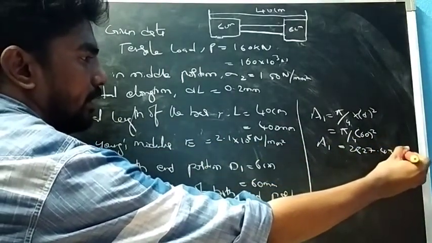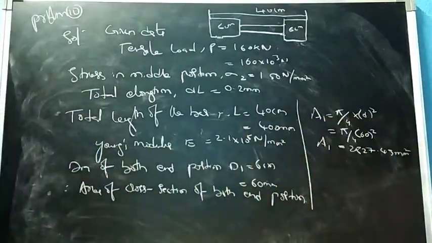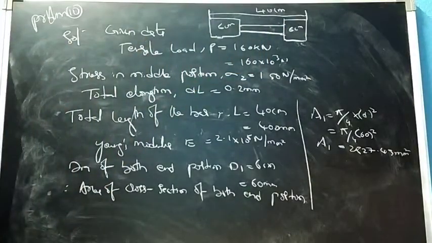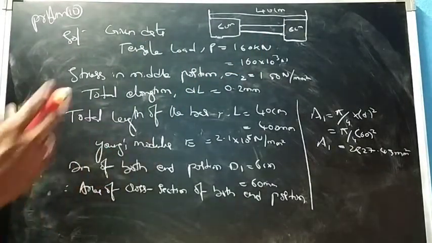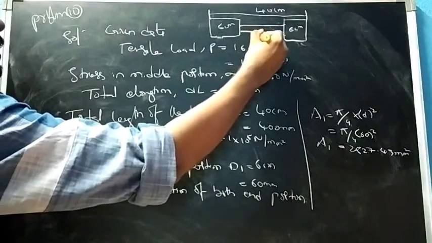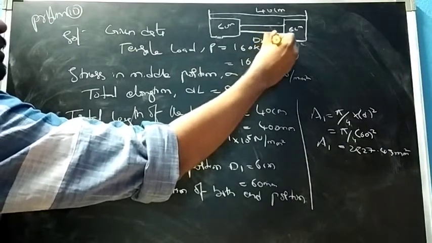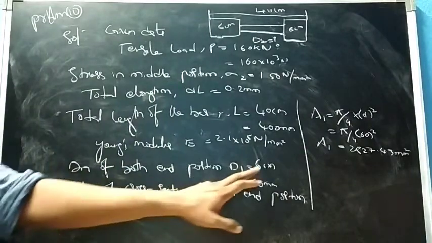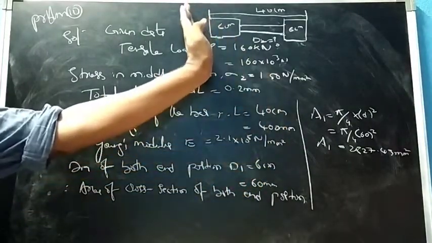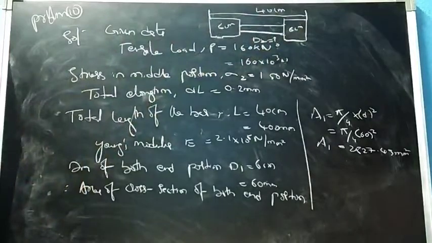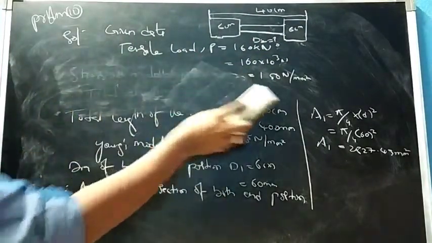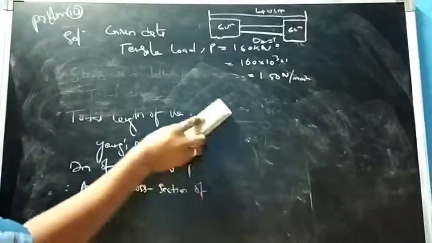43 mm square. Clear? Now let the dia of the second portion, that means the middle portion, let's say D2, we have to find out. D1 we already have given in the question, that is 6 on both sides, on both ends. So let us find out the dia of the middle portion.